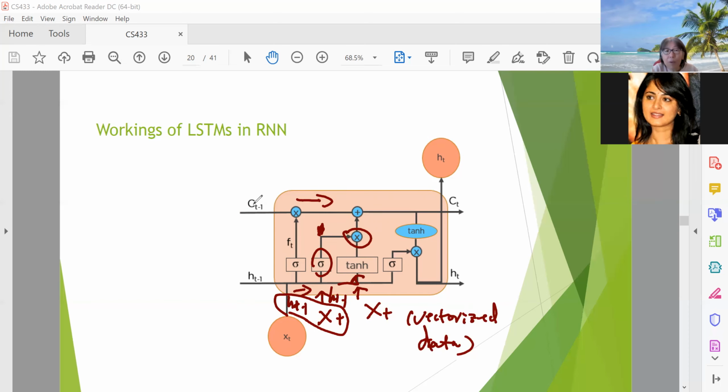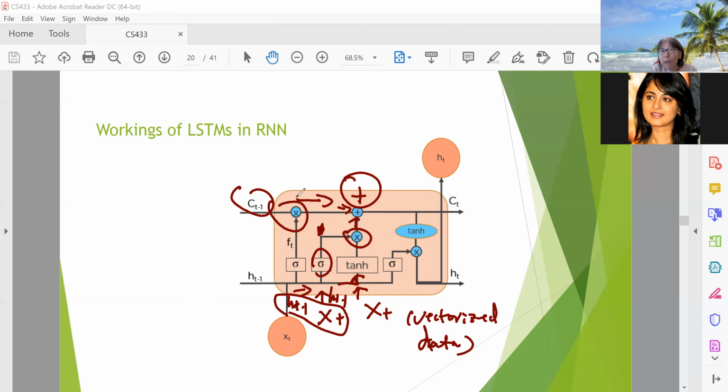Then this part's result is also calculated, and then it's going to do an addition.